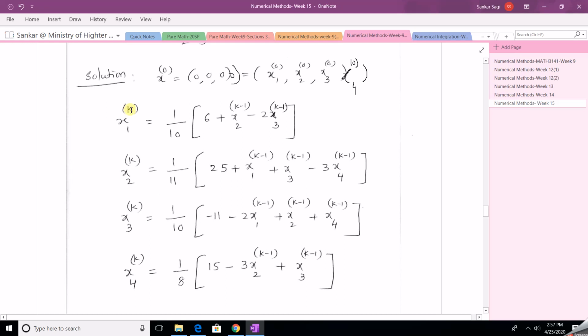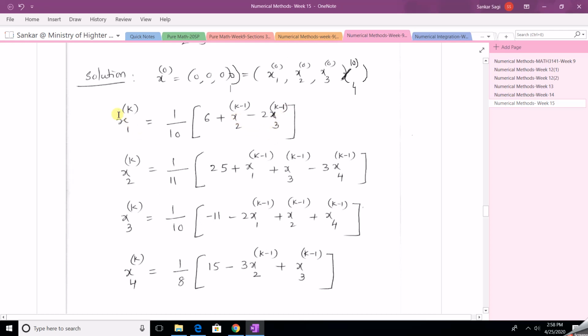Now we have to go for the first approximation. That means put k equal to 1 in all these. If we put k equal to 1, k minus 1 will be 0. That means we have to use the 0th approximations of x2 and x3 to get the first approximation of x1. So let me repeat again. If k equal to 1, the first approximation of x1 is obtained using the 0th, that is initial, approximations of x2 and x3.